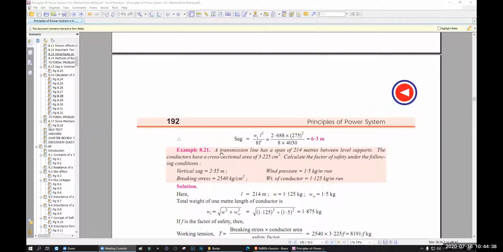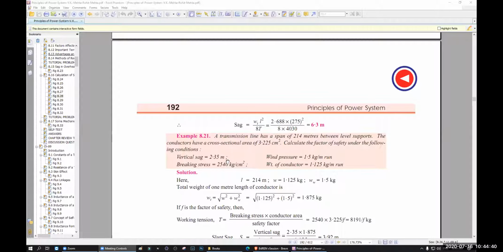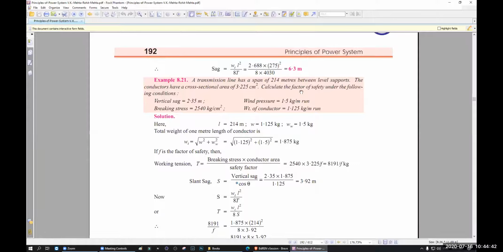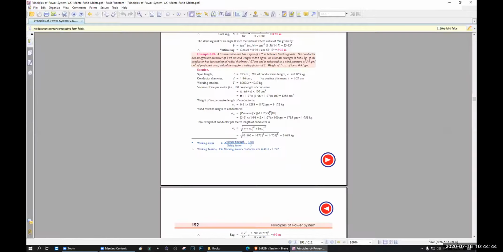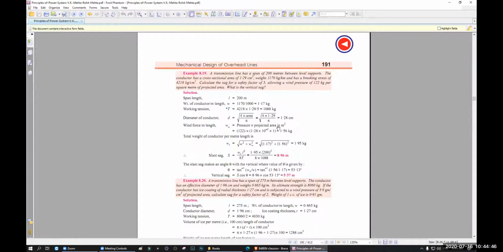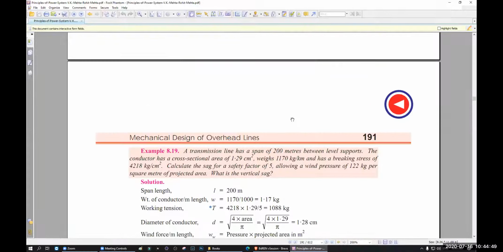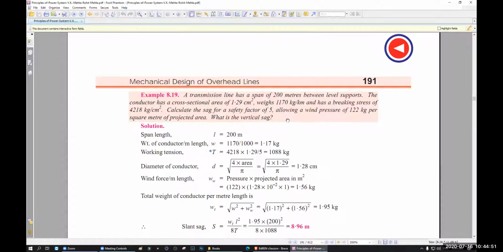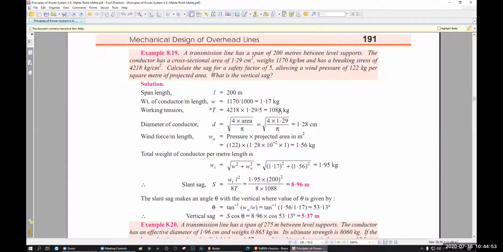Okay, today we will be finishing our math on sag. This is math 8.21. Okay, let's do it. We have done the vertical sag.